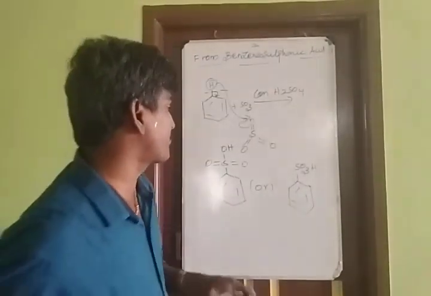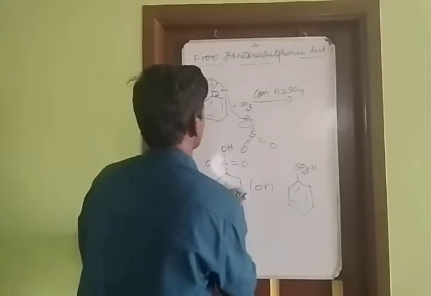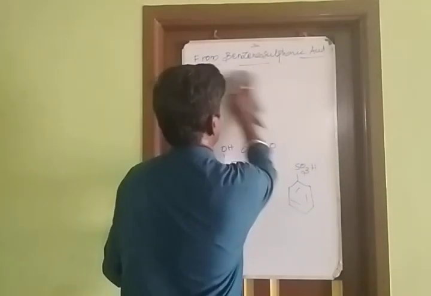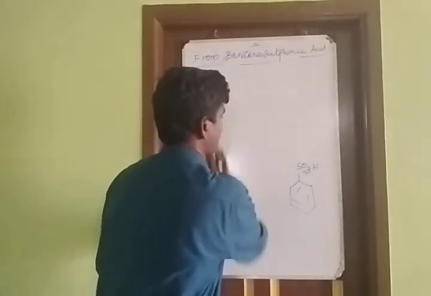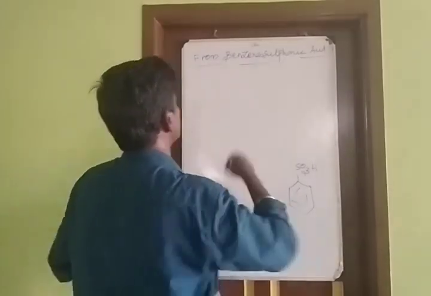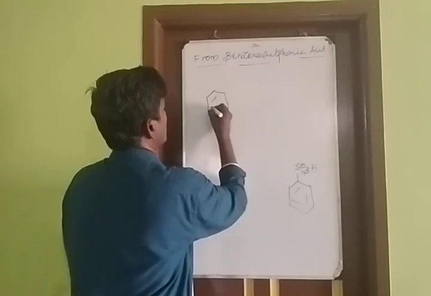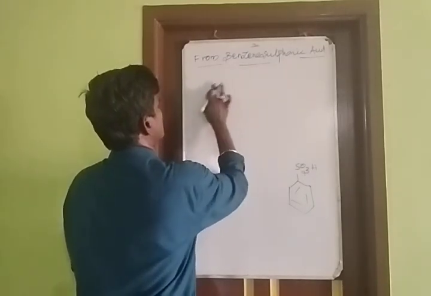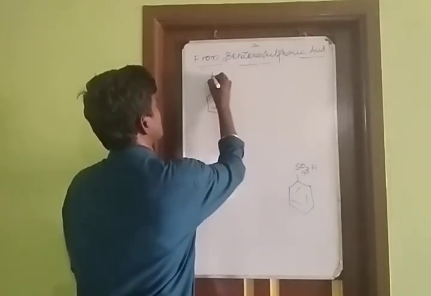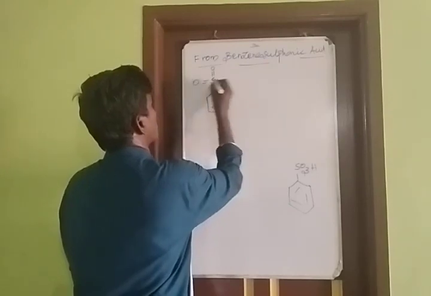How will you prepare phenol from benzene sulfonic acid? This is benzene sulfonic acid, with double bond O, OH.